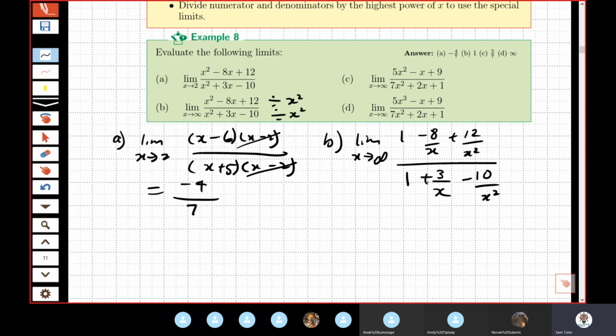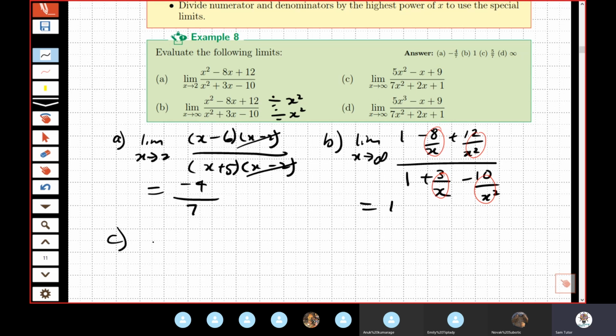Again, any questions for me just at that stage? All right, then when I sub in infinity into here, 8 over infinity, it all becomes 0, right? 8 over infinity, 0. 12 over infinity squared, 0. 3 over infinity, 0. 10 over infinity squared, 0. You've just got 1 over 1. Your answer is 1.